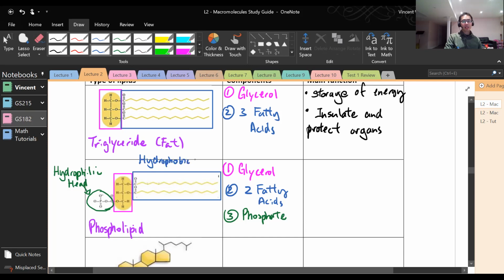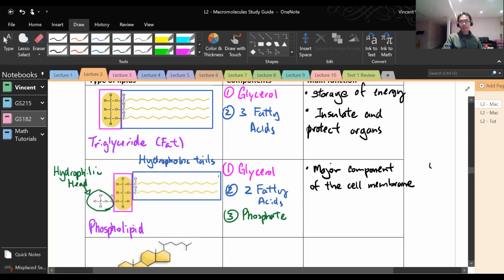They will try to stay away from water. So this molecule is special because it has a hydrophilic part as well as a hydrophobic part. As you will learn later on, the phospholipid is a major component of the cell membrane.